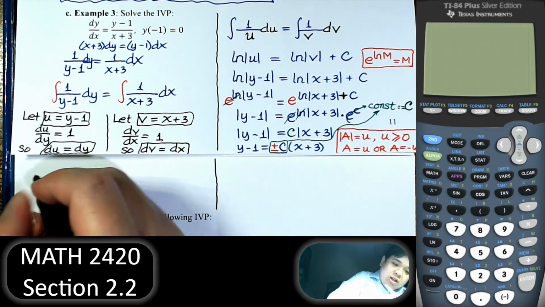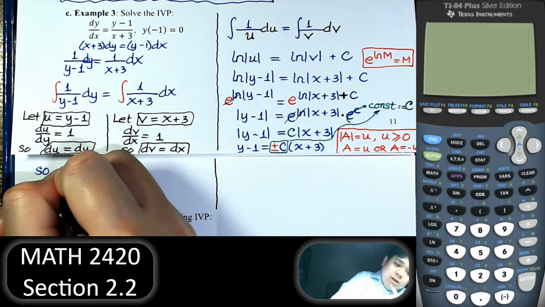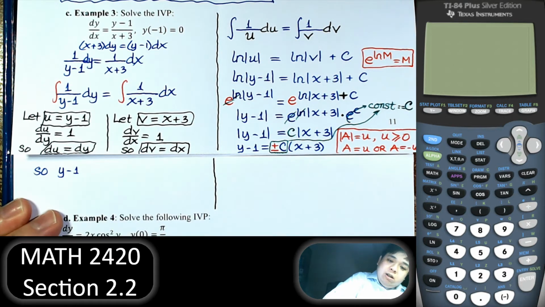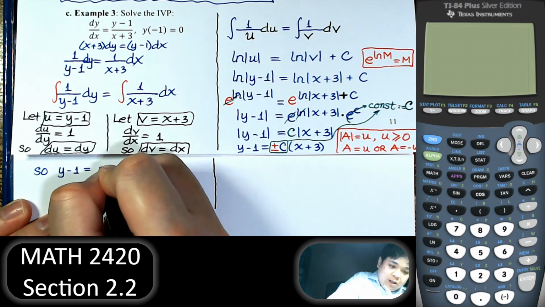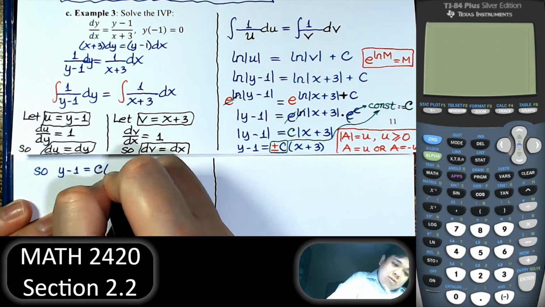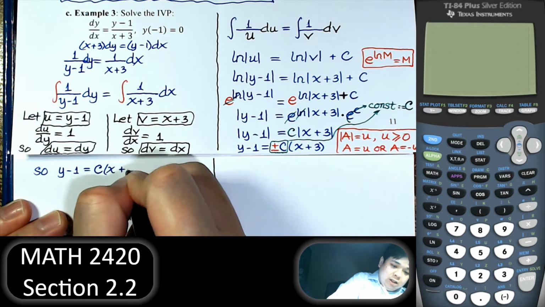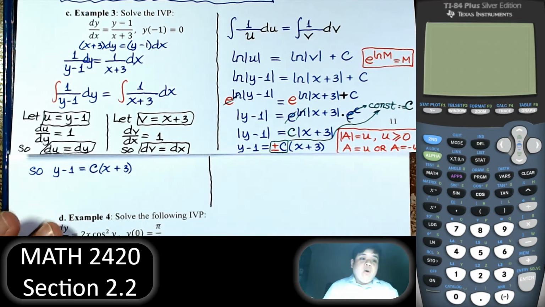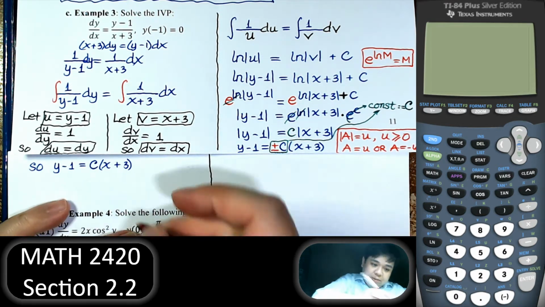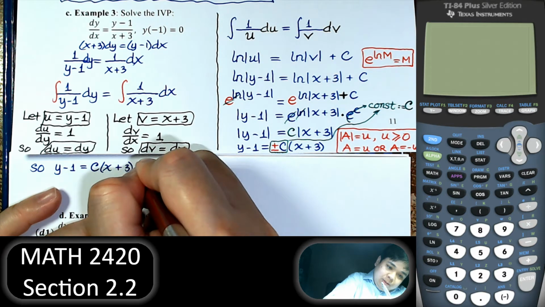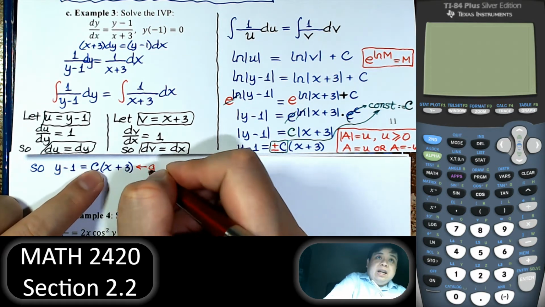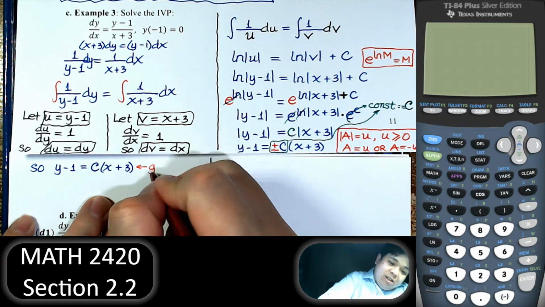So we have the equation y minus 1 equal to c times x plus 3. And this is what we call a general solution, because in general there's a constant c there.